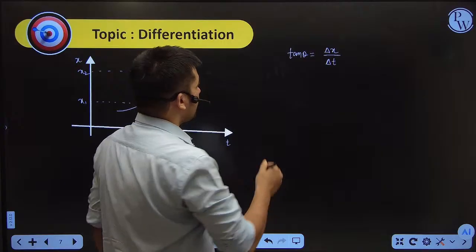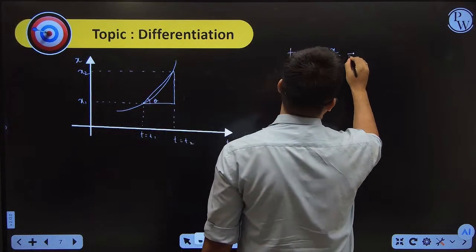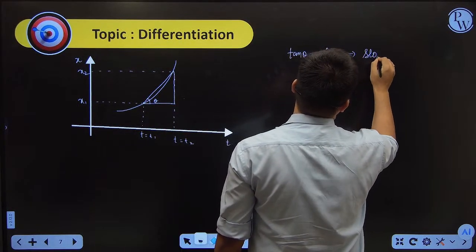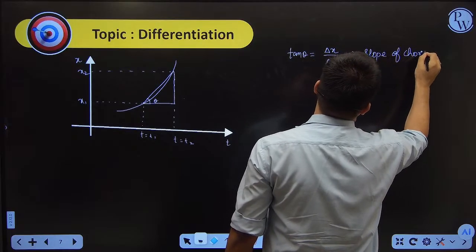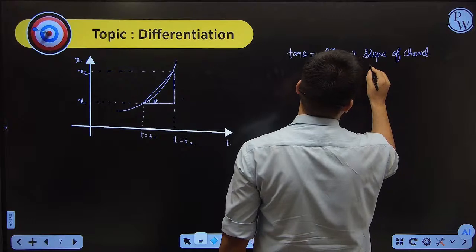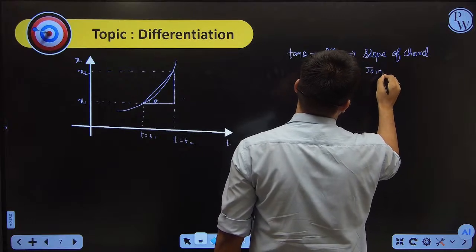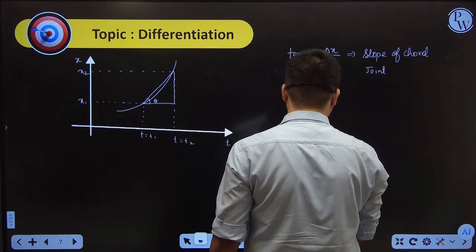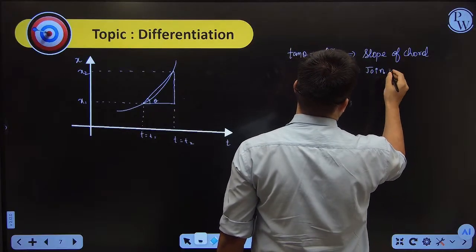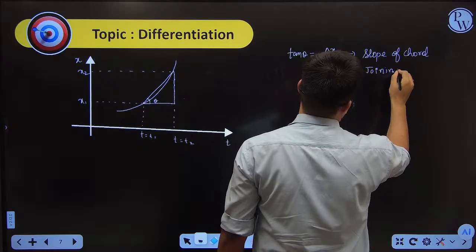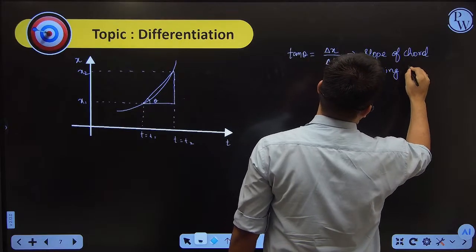So can I say this is the slope of the chord joining those 2 points.